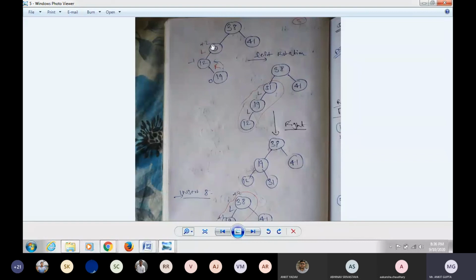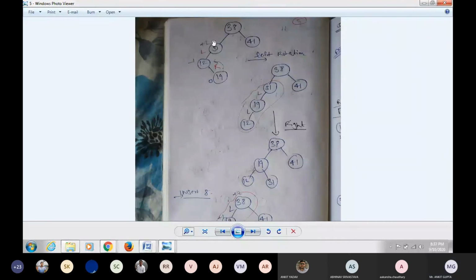I am getting plus 2 here only, so you don't need to go further up, because the tree is unbalanced in between. So I will stop here. Whenever I get a balance factor other than minus 1, 0, plus 1, I stop and apply rotation here. I will not check 31, because the tree is unbalanced here.